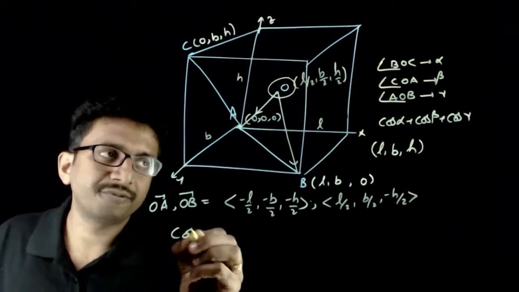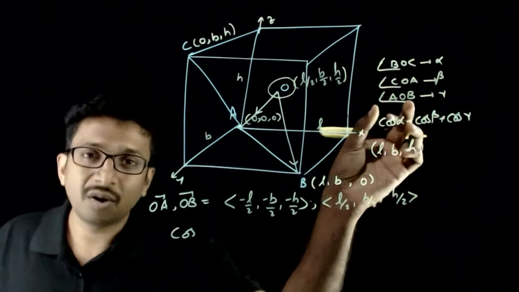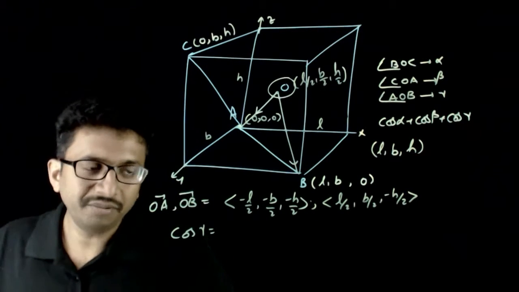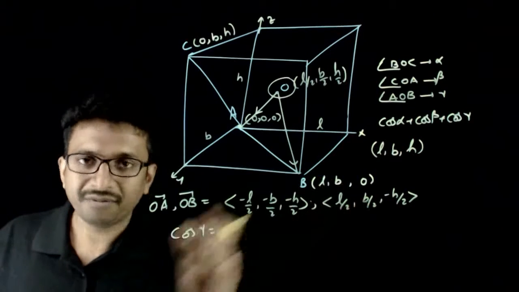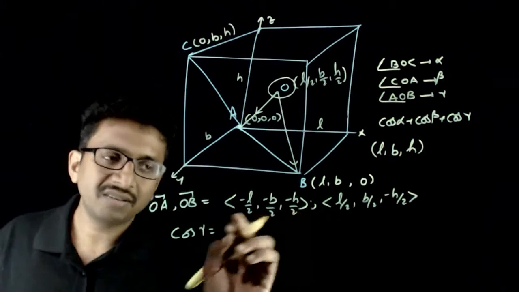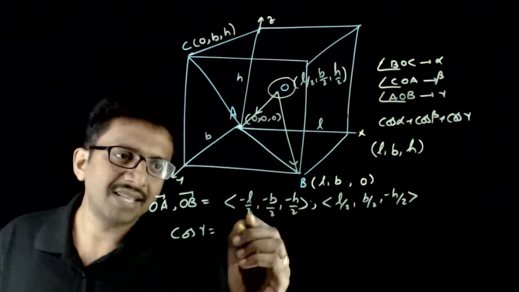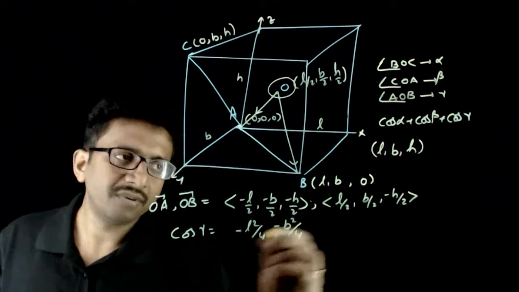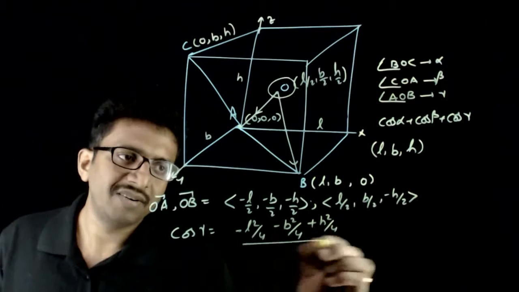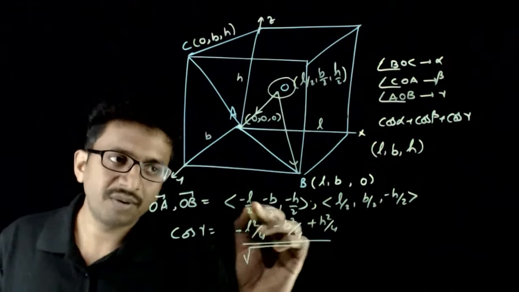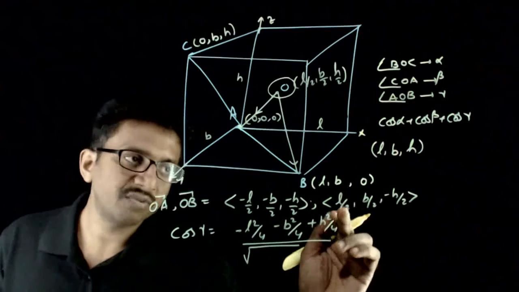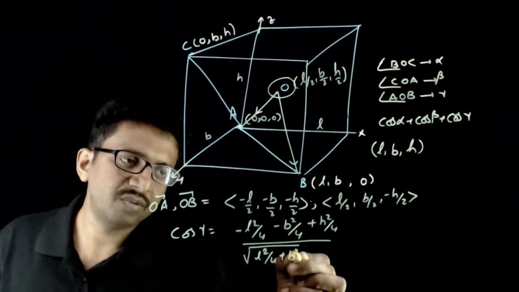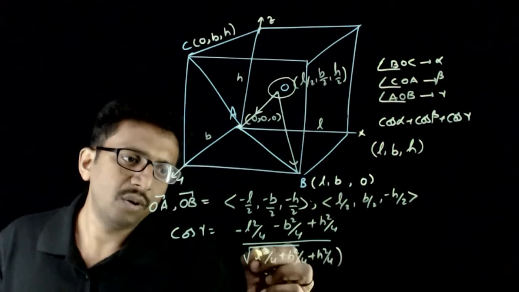So I get cos of angle AOB, so cos gamma is equal to the dot product of these two divided by the magnitude of this into the magnitude of this. The dot product is minus L square by 4 minus B square by 4 plus H square by 4, divided by the square root of L square by 4 plus B square by 4 plus H square by 4, whole square.